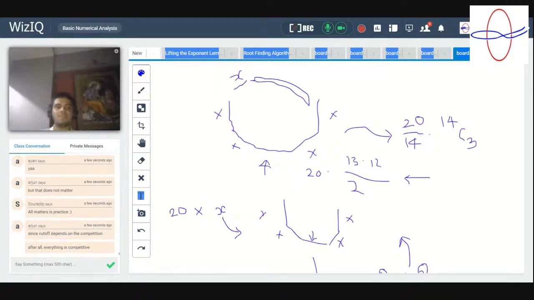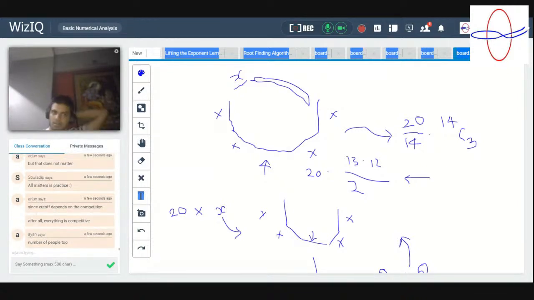But if I give you an INMO level paper, then the cutoff will be low. So cutoff does depend on the competition, but it also depends on the difficulty of the question paper. Yeah, definitely depends on both the factors.